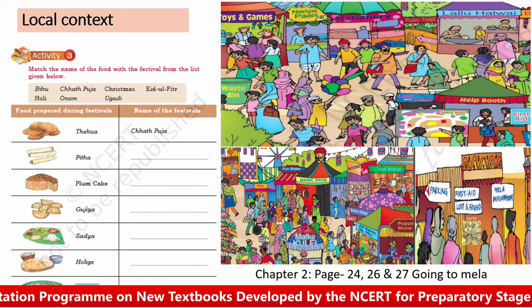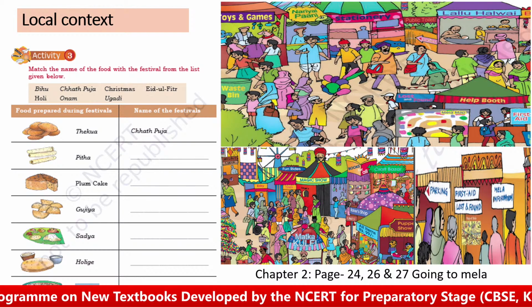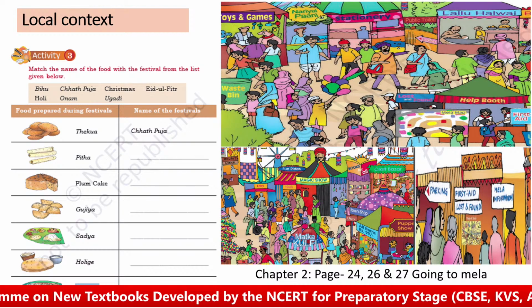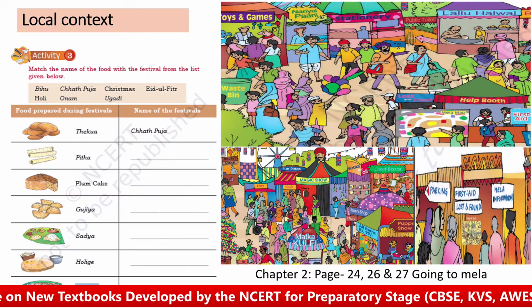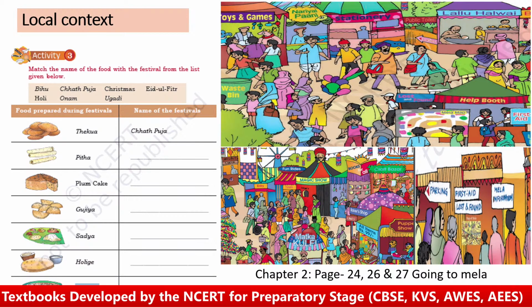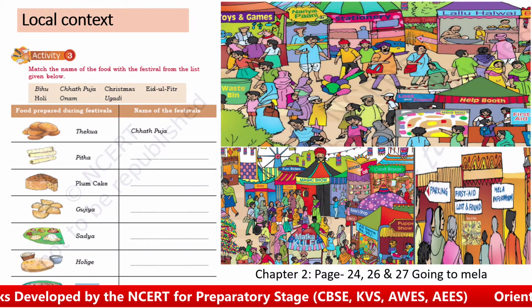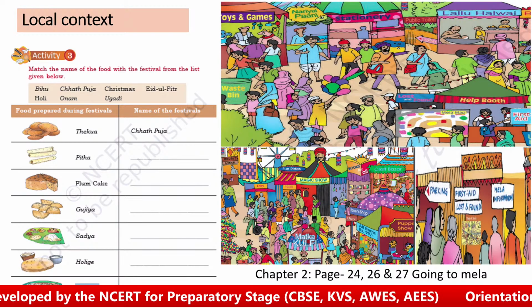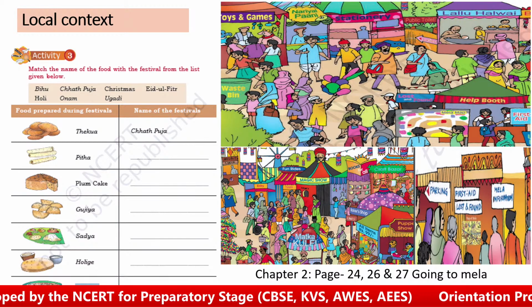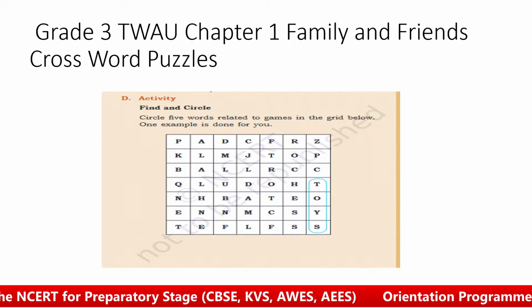On one side we have given food items along with their names, and on the other side we have given names of different festivals. So students have to come out with their experiences in the class. They have to share their experiences with their peers, and then with the help of these experiences, teachers will be making a fair assessment.